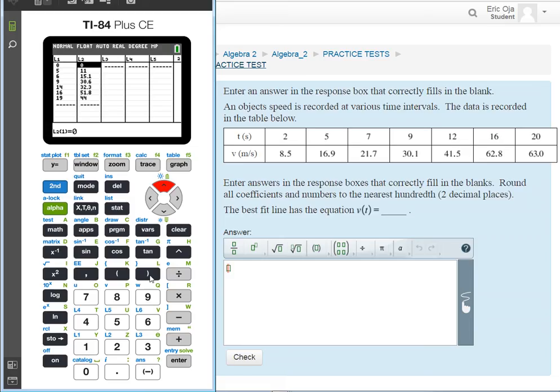If there's old data in there, I can go to the top, highlight L1, clear, enter, and now I can put the input and output values in. Remember, in this case, t is going to be the input and speed, v, or velocity, is going to be the output, okay?